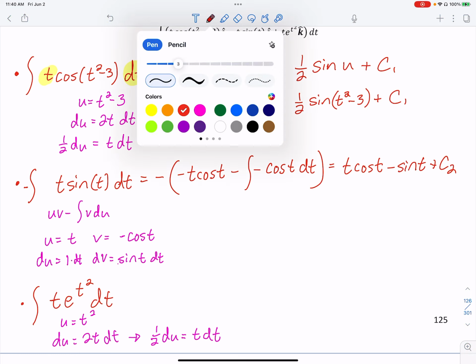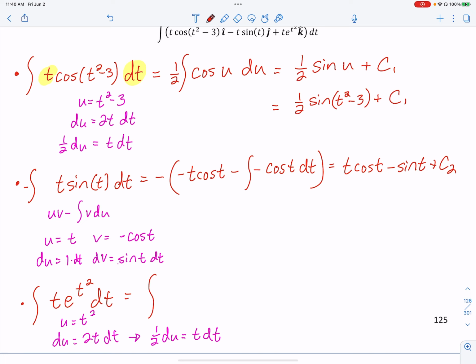All right, and we can replace. It's the integral of, okay, the t dt is taken care of, so we get e to the u du, which is just e to the u plus c3, and then we replace our u with t squared. So this integral is equal to, let me shrink all this down.